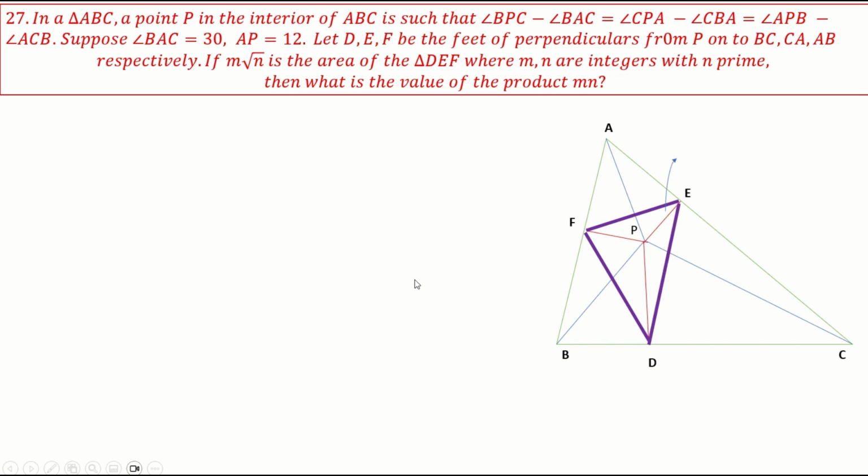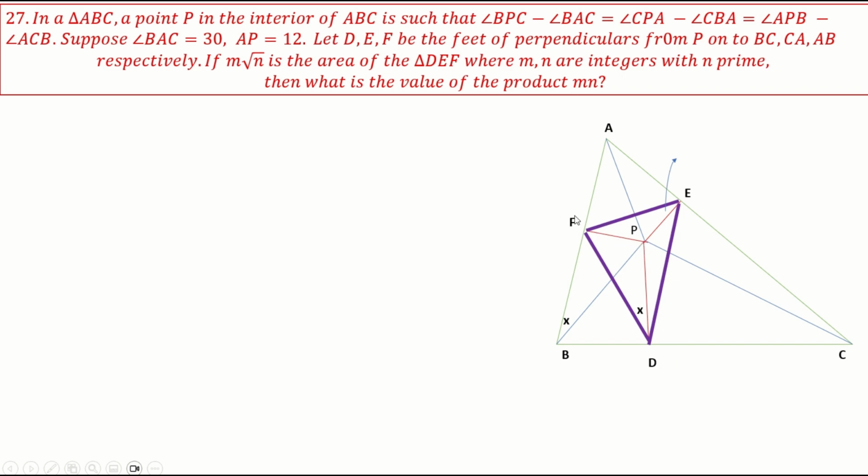Now let's check all the angles properly. Let's call this angle X. Then this is also angle X. How? Think. FPDB is a quadrilateral. This is a cyclic quadrilateral. Why am I telling you it is cyclic?